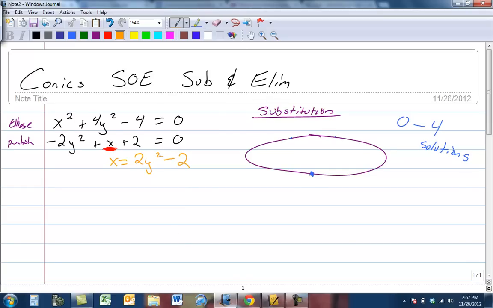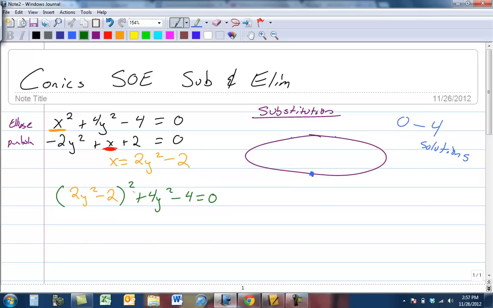Once you've got something by itself, you substitute it into the other equation. So we're going to substitute in for this x right here. So this is going to be 2y squared minus 2, quantity squared, plus 4y squared minus 4 equals 0.